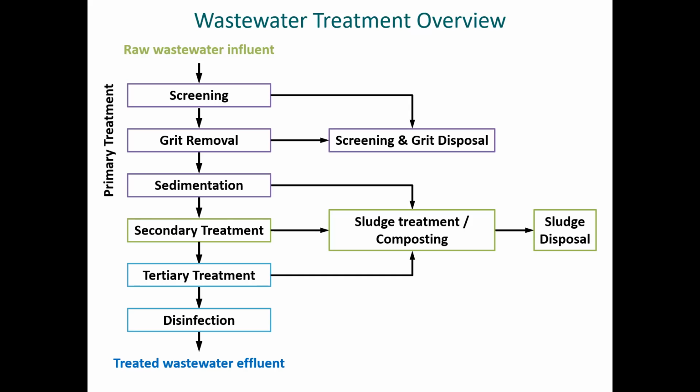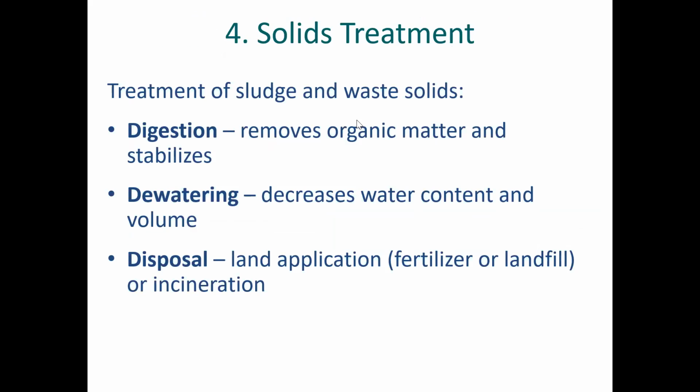And I had just quickly mentioned the solids treatment. I want to go back to that and talk about it a little bit. I think I showed you one or two of these slides already, but I just want to revisit them, maybe a little slower. So solids treatment depends on which part of the solids.